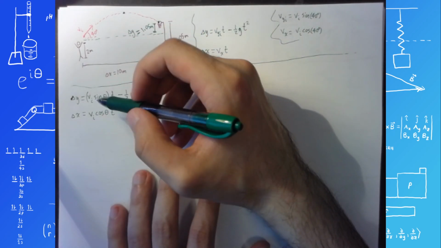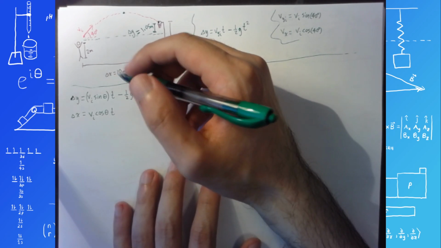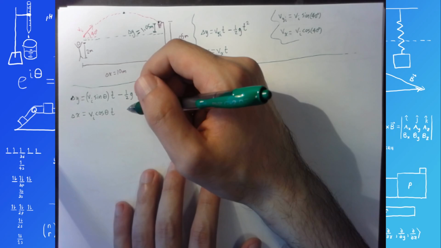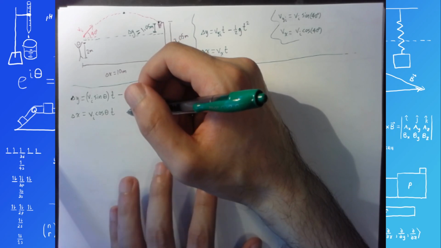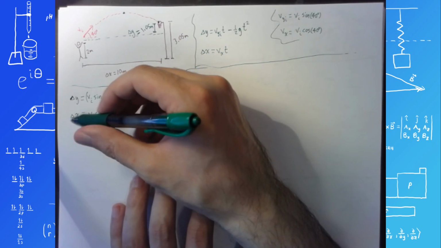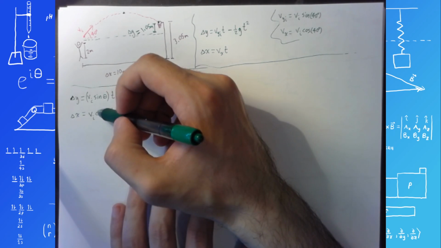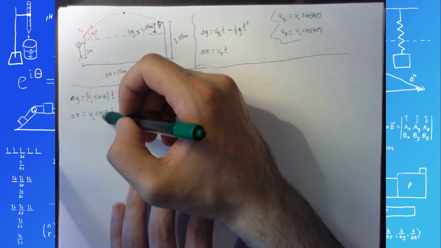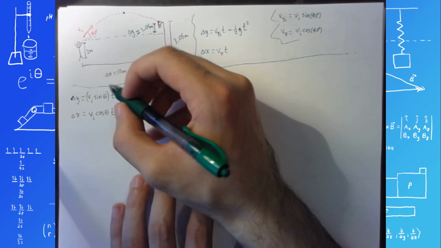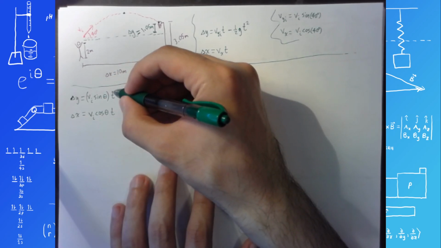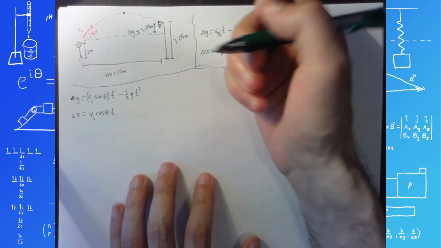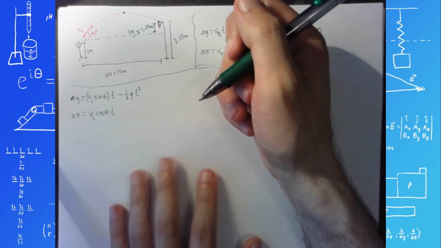So I can either substitute for V initial or substitute for t. The smarter choice would be to substitute for t. I talked about this last time. What you would do is take delta x and divide by the V initial cosine theta. You'd get an expression for t, which you could then plug into the delta y equation.